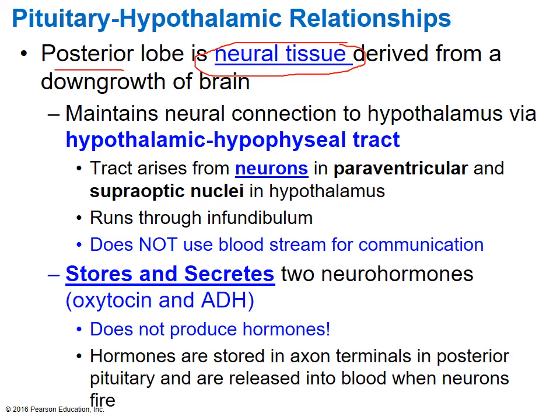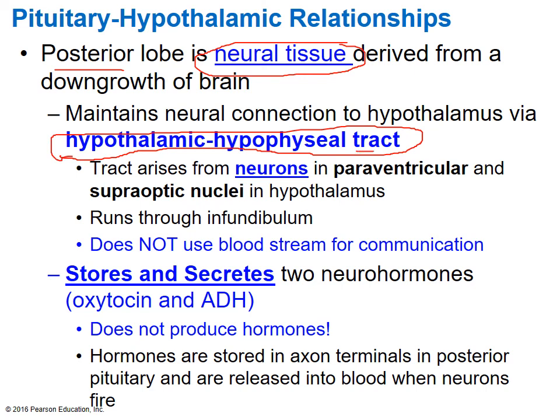It will literally just pass down the signal. It will pass down what we call its neural hormones from one side, the hypothalamus, to the other side, which is the posterior pituitary gland. And because it can use the neurons, we say that it has a hypothalamic hypophyseal tract system.